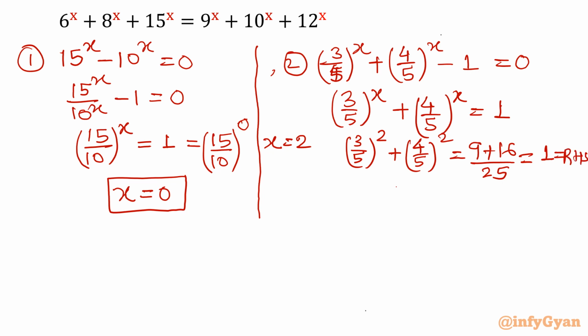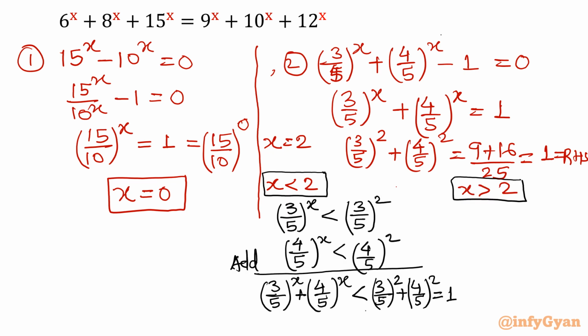Now we have to ensure that for x less than 2 and x greater than 2, there is no solution. Let's take x less than 2. You can see that (3 over 5)^x is greater than (3 over 5) whole power 2, because we are taking this condition. Similarly, we can write (4 over 5)^x is greater than (4 over 5) square.